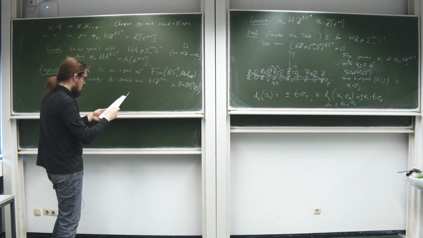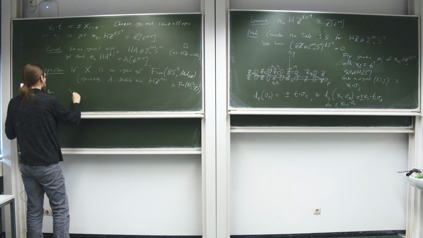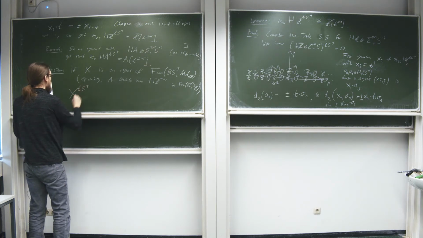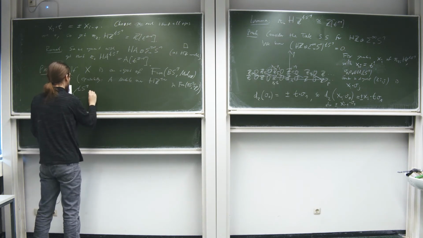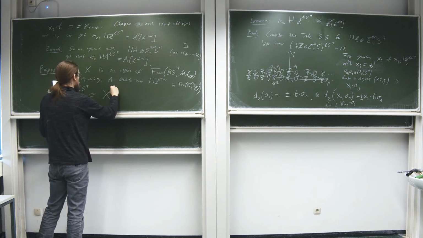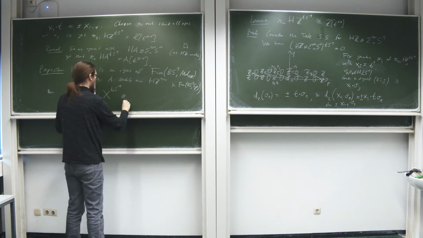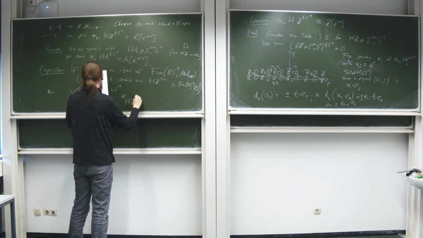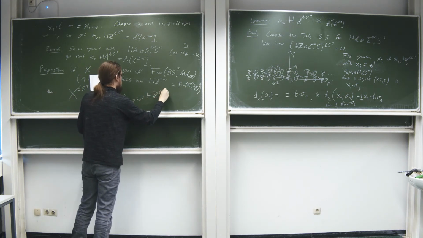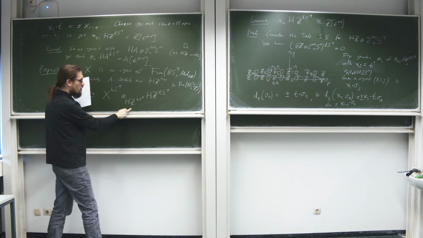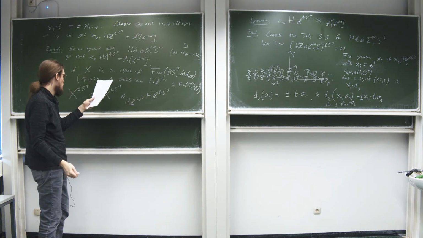So if you have that, then you can write X Tate S1 in terms of X HS1 by tensoring over the homotopy fixed points with the Tate construction here.